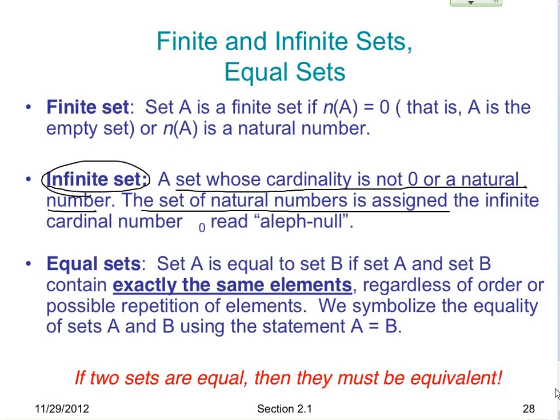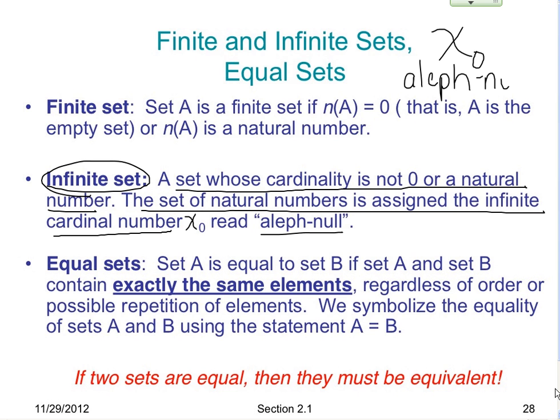The set of natural numbers is assigned the infinite cardinal number aleph null. The symbol kind of looks like an X with a little 0 subscript, and we read that as aleph null. So the cardinality of an infinite set is aleph null.